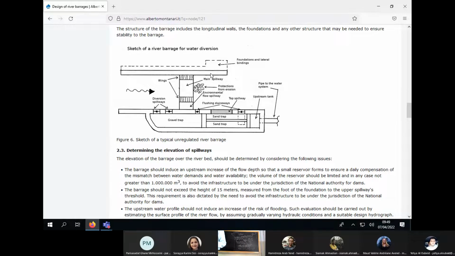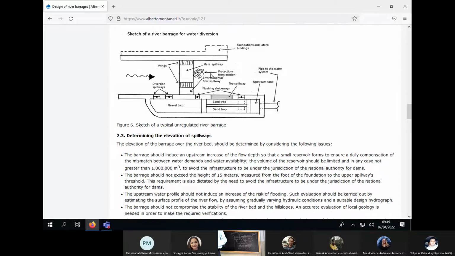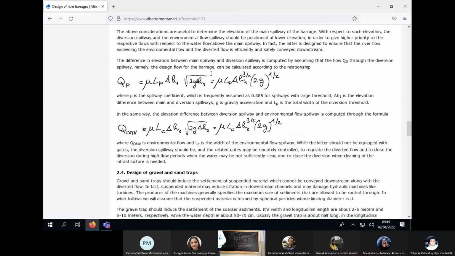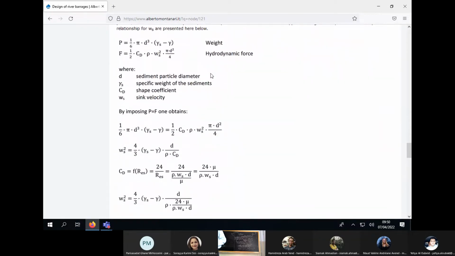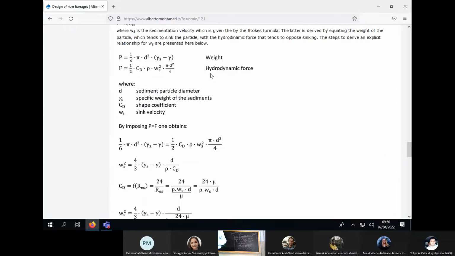Even if the derivation of the Stokes formula is included in my tutorials here, I don't ask this formula at the exam. What I want to focus on now is the concept, not the formula, okay? So how is a sand trap designed?